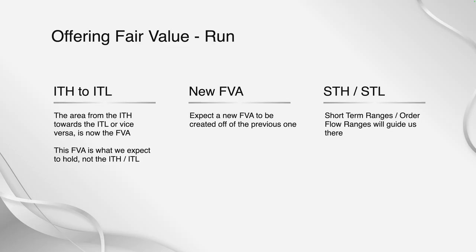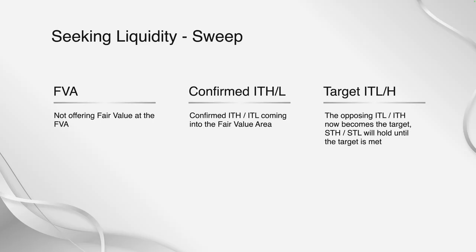Now, once we have a brief understanding of that offering fair value and a run on liquidity, I want to go over arguably the more important topic in institutional market structure, because I believe this one is understandable. As in, whenever we play something out, it's like a utopia, we just play price action and it's very nice, it's very clean, it's quite easy to understand.